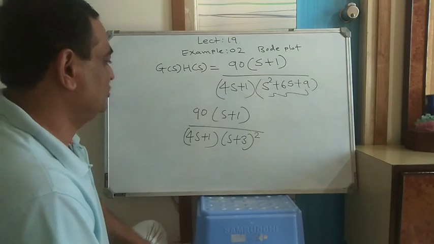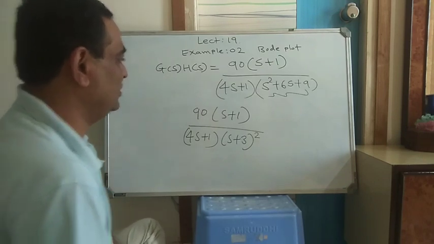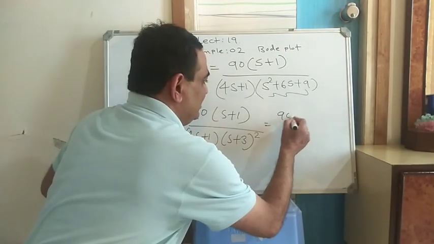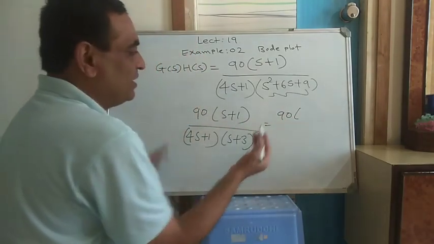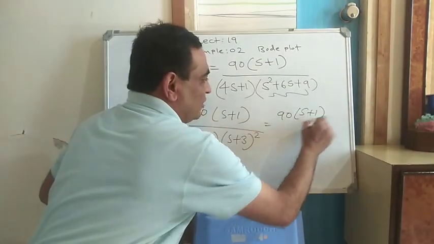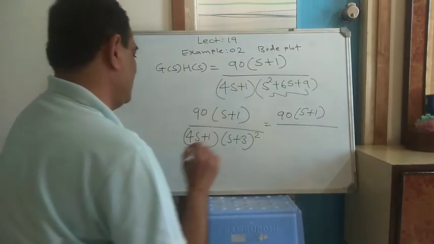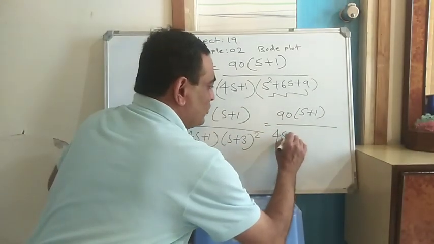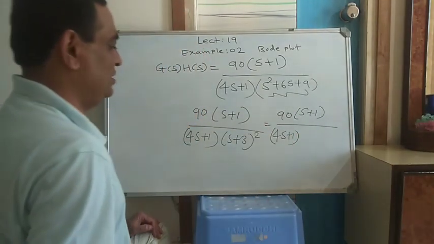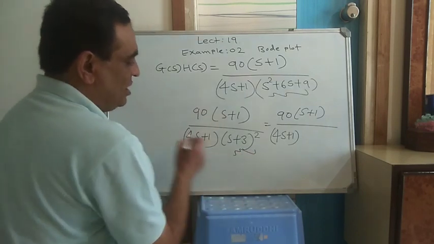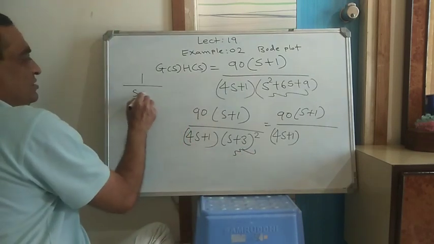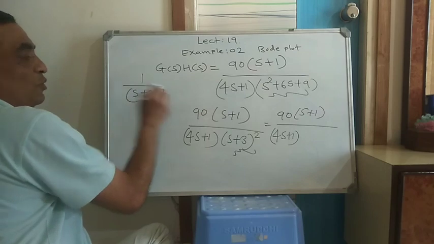If I want to convert into time constant form, then this is 90. This is s plus 1, already in the time constant form, tau s plus 1. This is 4s plus 1, already in time constant form. Then how can I convert this s plus 3 whole square into time constant form?